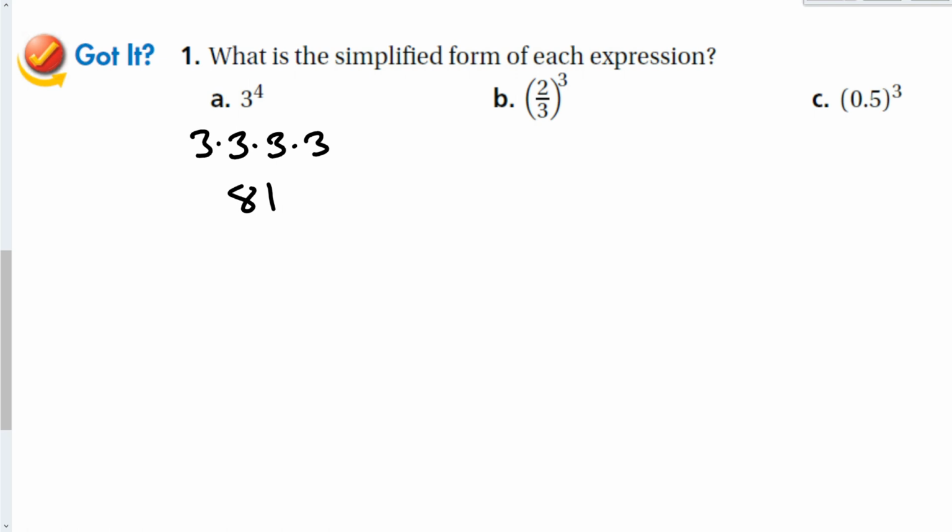With some of the harder ones, like fractions, if we can remember how fractions work, we have 2/3 times 2/3 times 2/3, which we're going to multiply across the top and multiply across the bottom to give me 8/27.